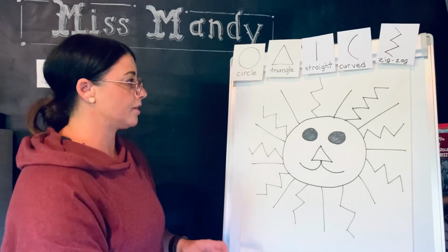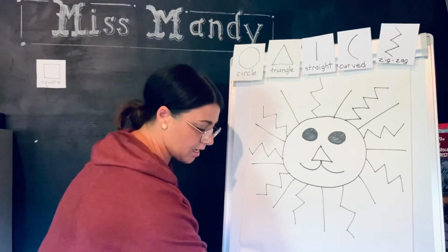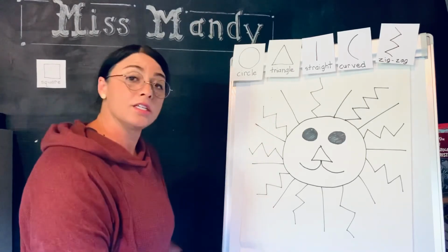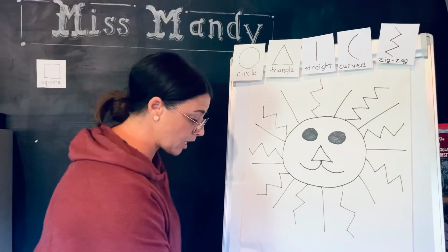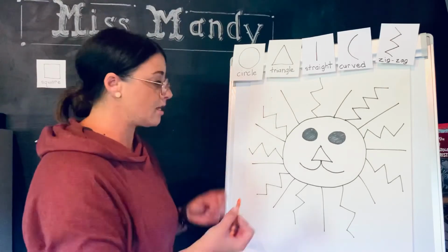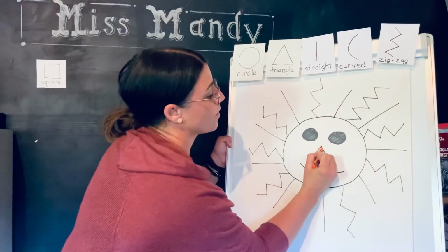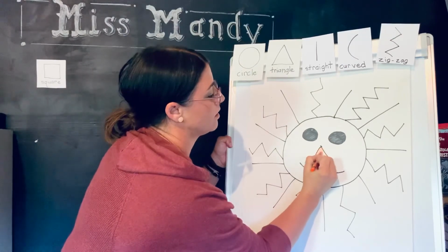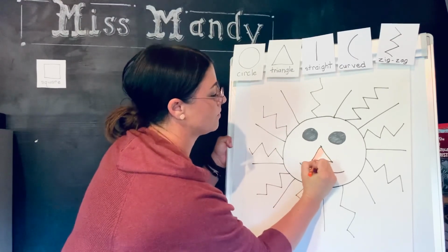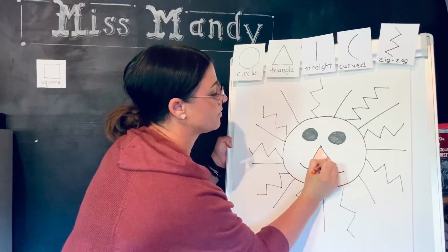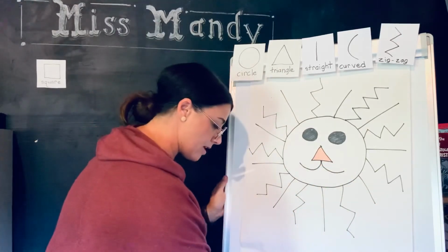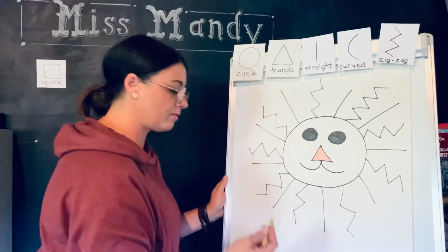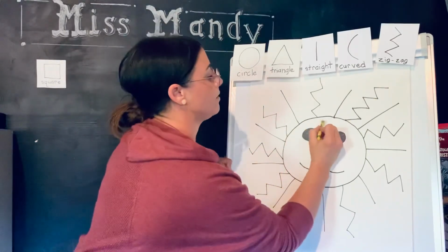Once you're done with all your straight lines and zigzag lines, then you get to color it in. So I'm going to start with the lion's nose, and I'm going to make it orange. And then I'm going to fill in the lion's face with yellow.